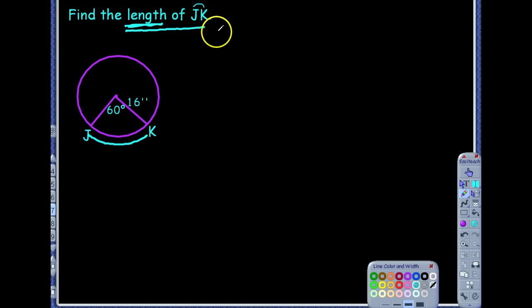I'm going to make a note, and we'll fill some things in in just a minute. The length of arc JK to the whole circumference. Now, how do you find the circumference? We can find it right now because we know circumference is 2 pi r. So you do 2 pi times the radius, and we have a radius of 16.